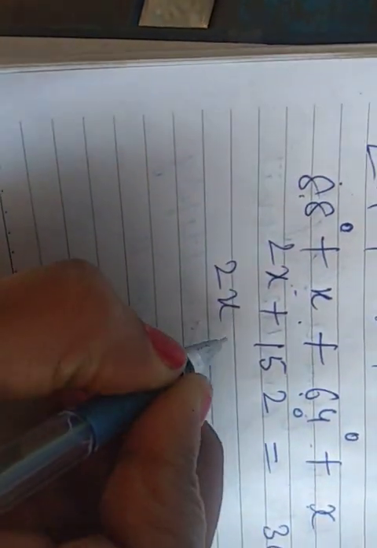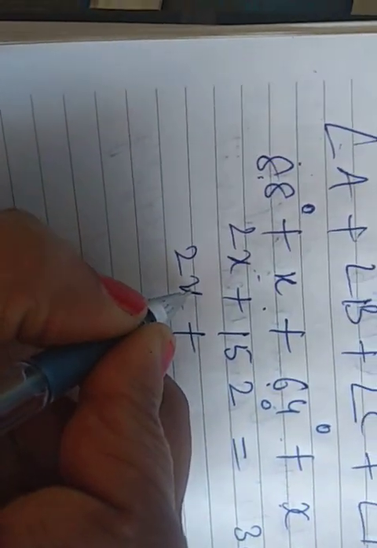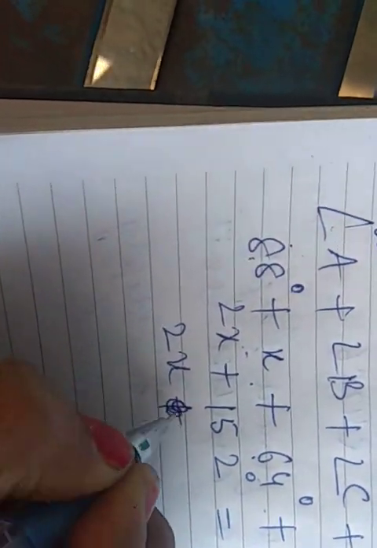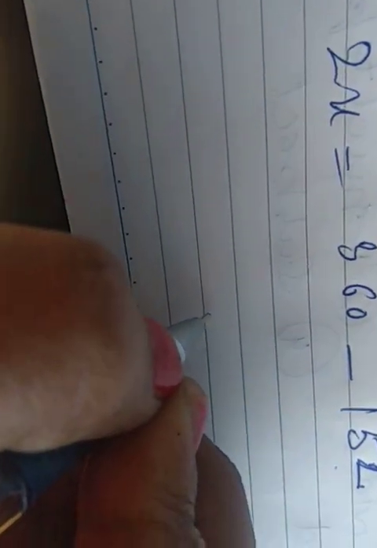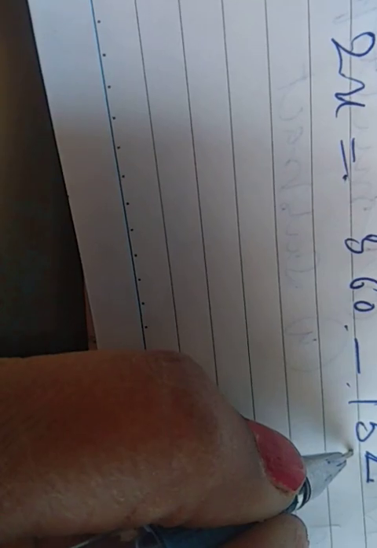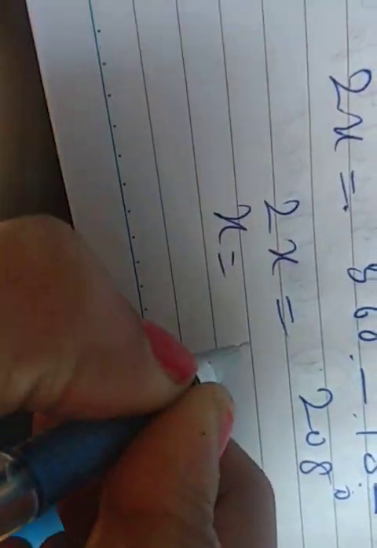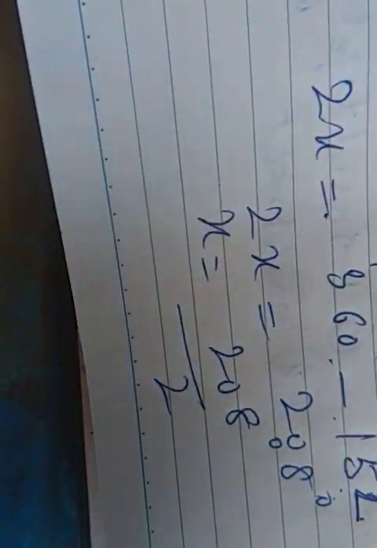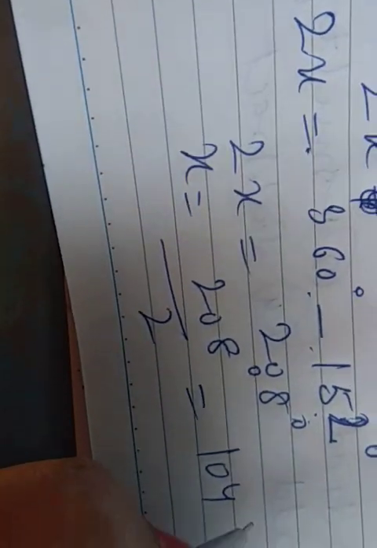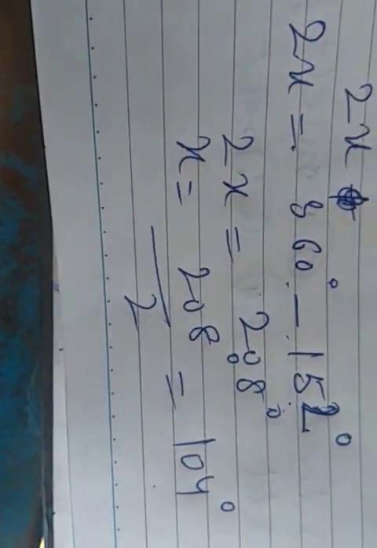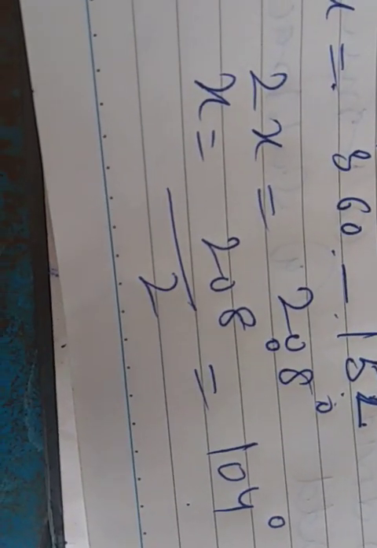Now solve this. 2x is equal to 360 degree minus 152 degree, which is 208 degree. So X will be equal to 208 degree divided by 2. How much is it? It is 104 degree. So value of x is equal to 104 degree.